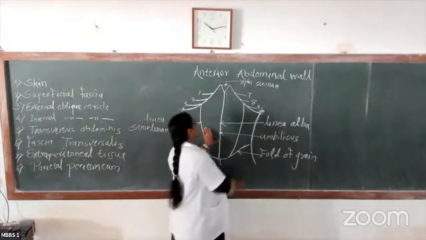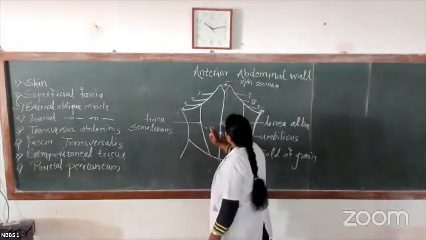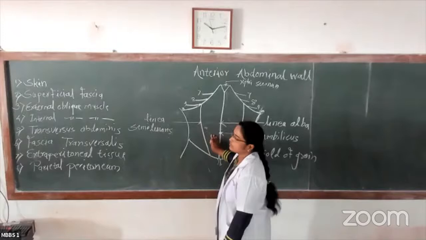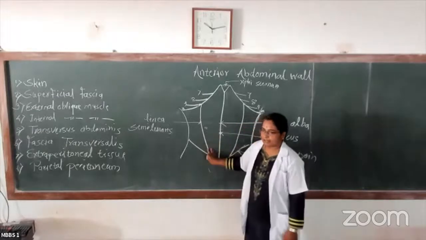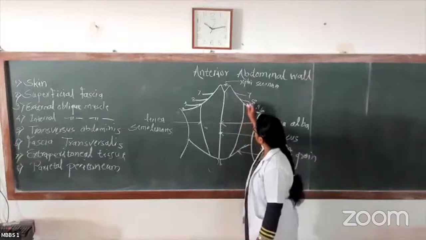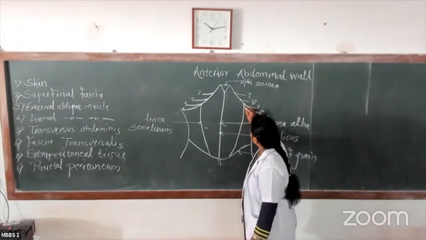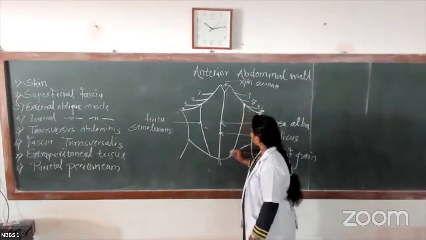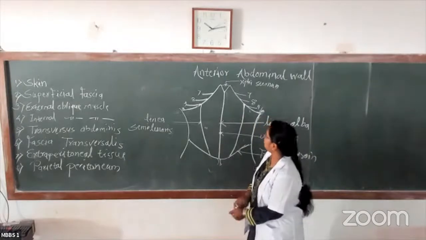These linea semilunaris represent the lateral margin of the muscle rectus abdominis. So, these curved lines are present at the lateral margin of rectus abdominis.